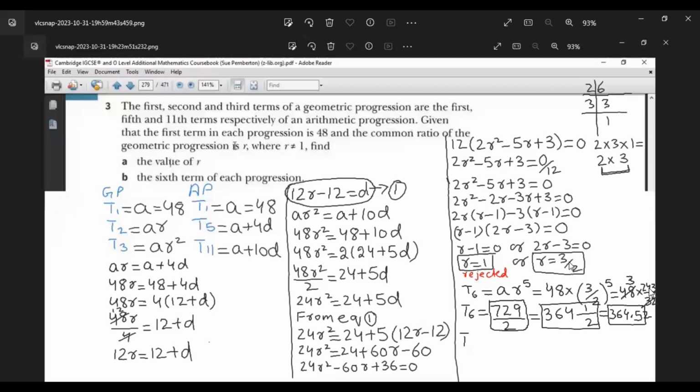The formula is Tn equals A plus n minus 1 into D. Now I have to find the sixth term, so in place of n, I will put 6. A is 48, but D is not given. I still don't have D, so first of all, I have to find the value of D.